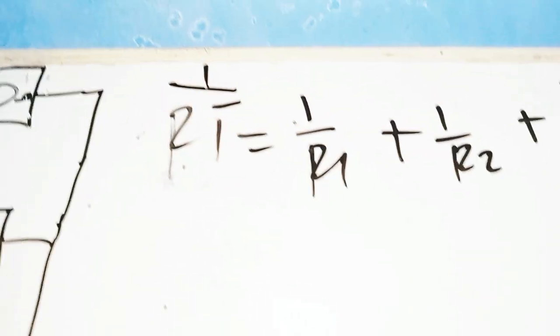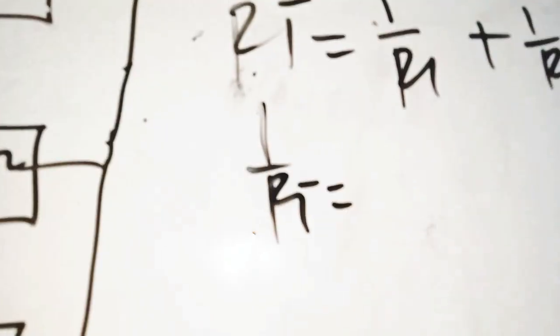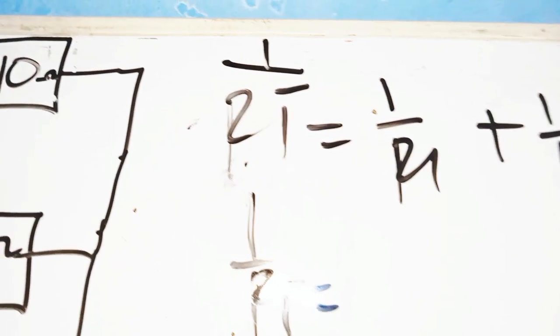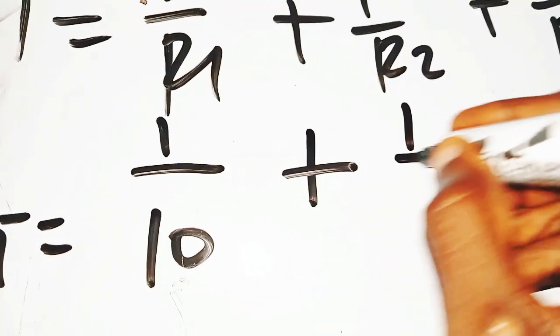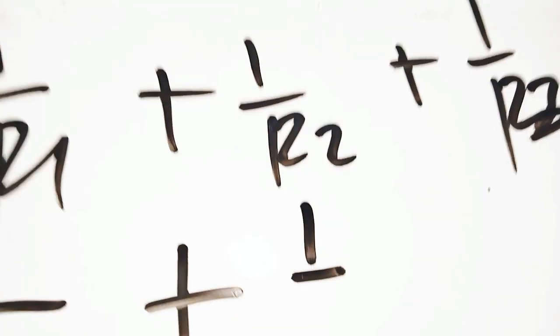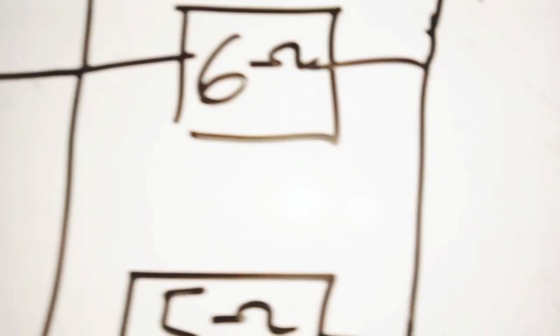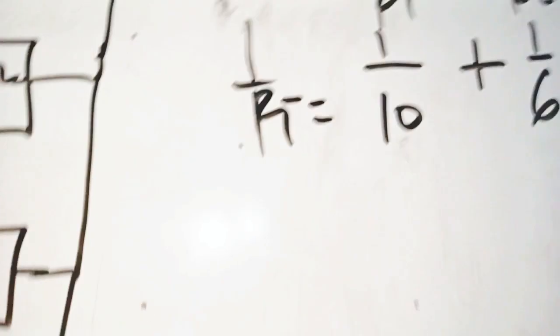So here we have 1 over RT is equal to 1 over R1, which is 10, plus 1 over R2, which is 6, plus 1 over R3, which is 5.